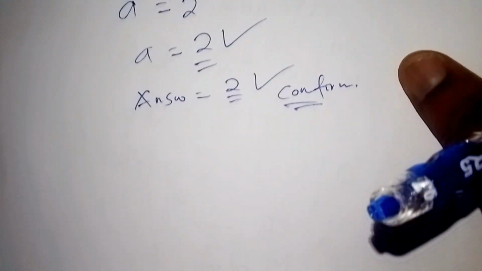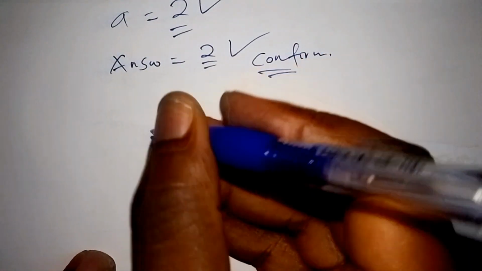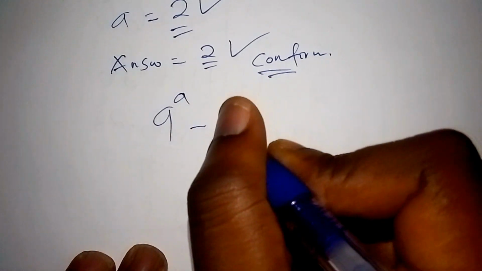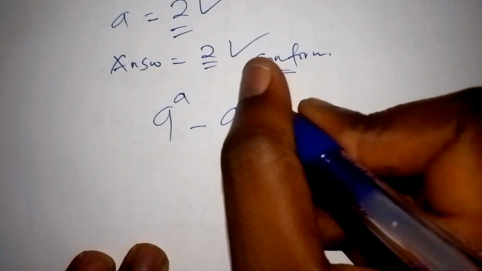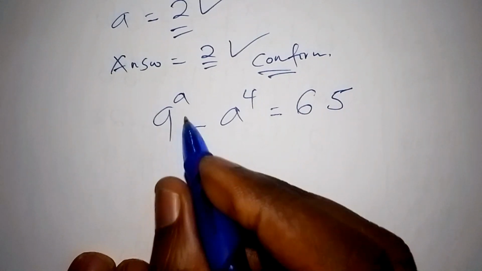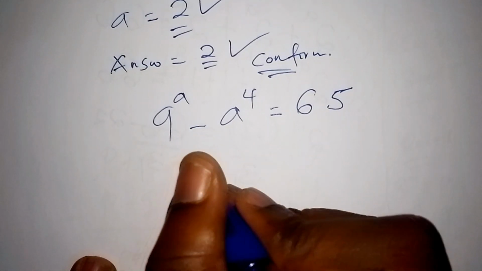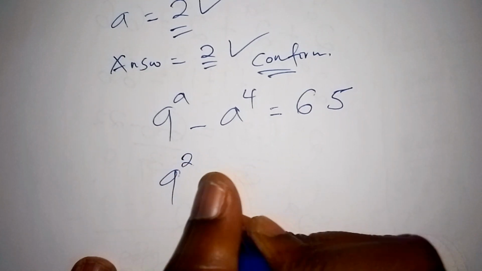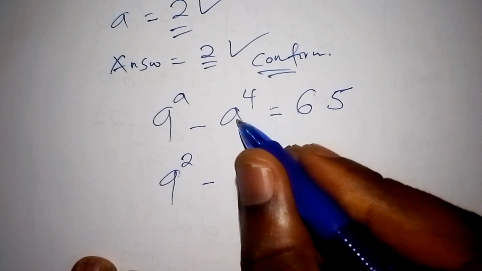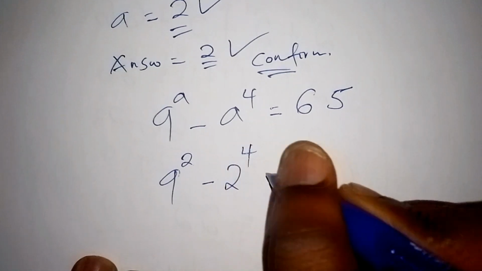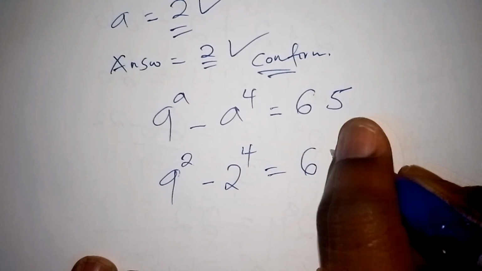We had 9 to the power of a minus a to the power of 4 is equal to 65. Where there is a, we shall write 2. Now we shall have 9 to the power of 2 minus 2 to the power of 4, which is equal to 65.